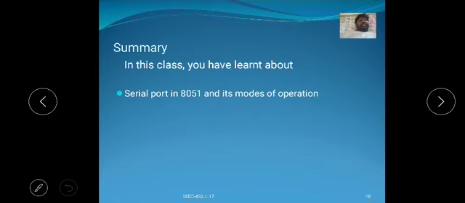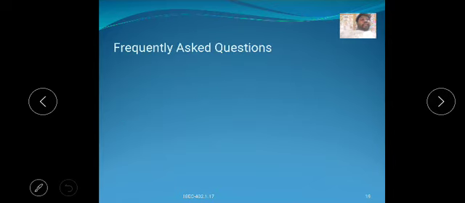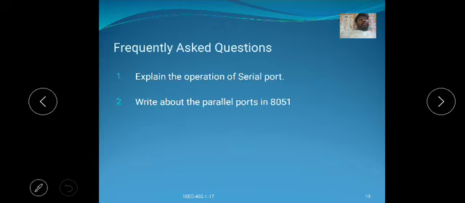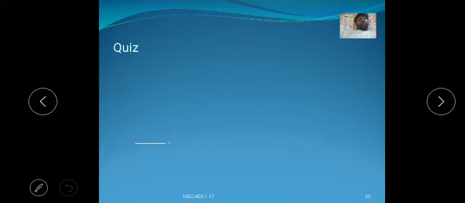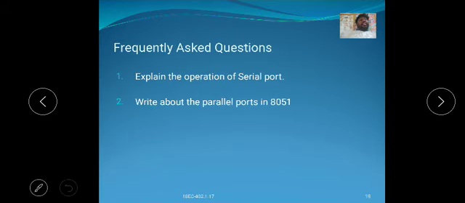In this class, you have learned about the serial port in the 8051 and its modes of operation, the parallel ports in 8051. The frequently asked questions: Explain the operation of serial port.